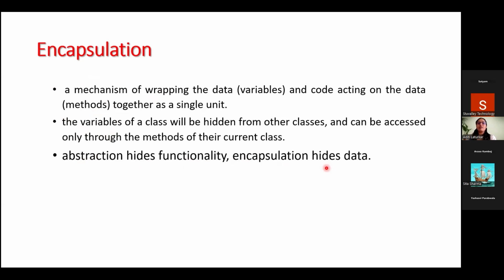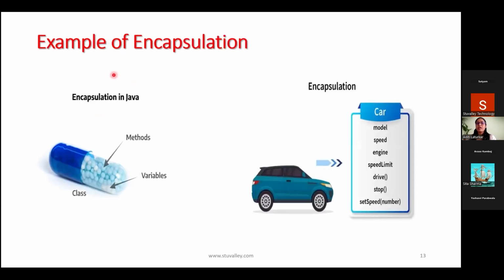Suppose you are developing an application for login. In login, we never show the password because the password is confidential, right? So the password should be accessible only within the same class, within the same method. How can we do that? For that purpose, we use this encapsulation concept.